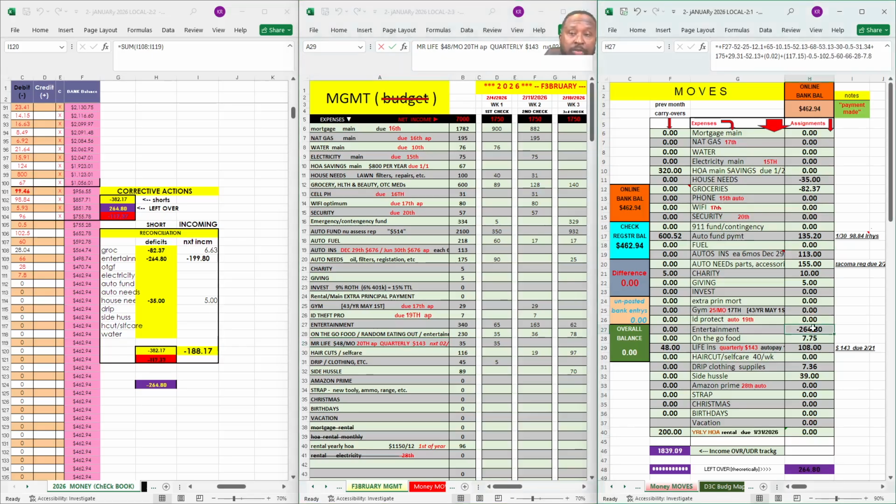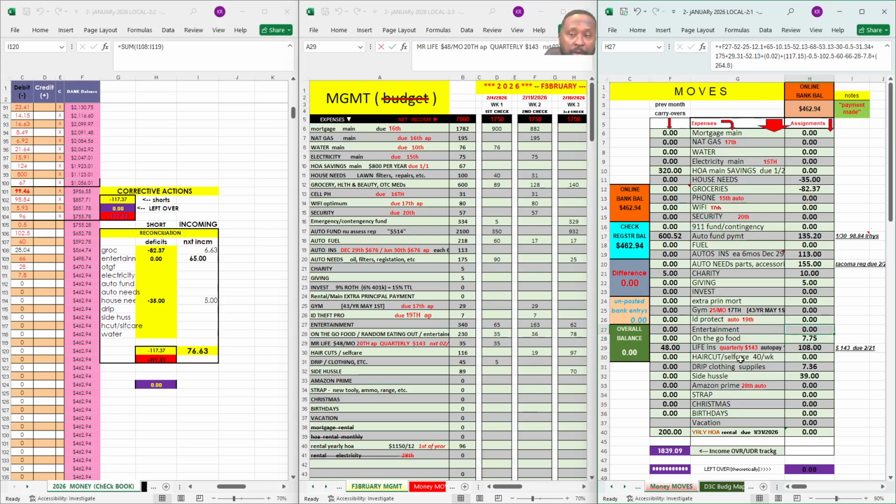I'm going to use that right here. I'm going to go on my keyboard, F2 plus open adjustment, 264.80, shift parentheses close, adjustment. And now that results in the entertainment being zero.